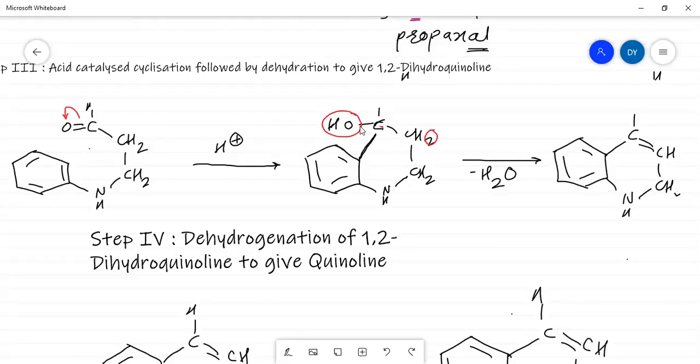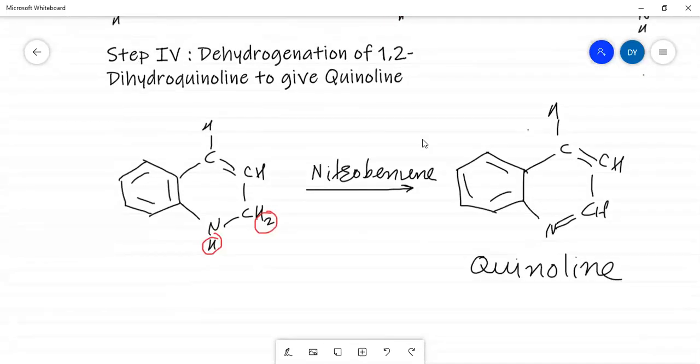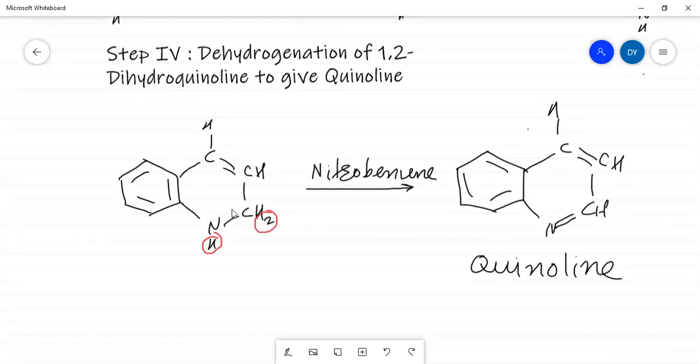There is a formation of OH. Due to this, the carbon atom becomes positively charged and the benzene ring carbon becomes negatively charged because of carbon hydrogen bond breaking, and that's why a bond forms between these two, and at last we get 1,2-dihydroquinoline. Now this 1,2-dihydroquinoline in step number 4 loses 2 hydrogen atoms. These 2 hydrogen atoms are removed by using nitrobenzene as the oxidizing agent to form quinoline as a product.